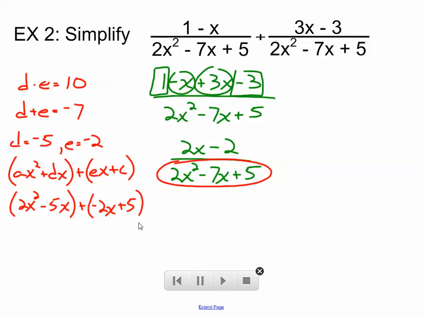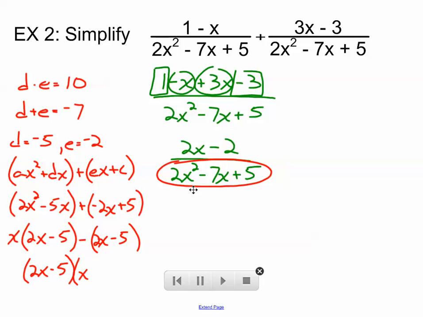I can take an x out of the first expression and a negative 1 out of the second expression. So 2x minus 5 and x minus 1 is the factorization of 2x squared minus 7x plus 5. So let's factor the top, taking out the 2.